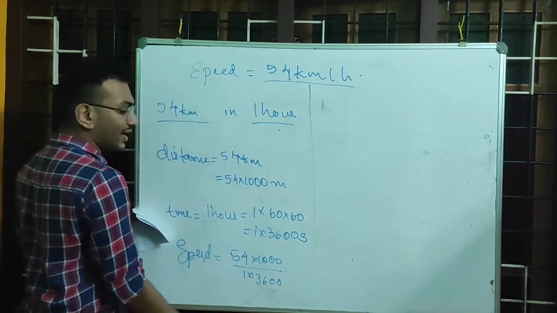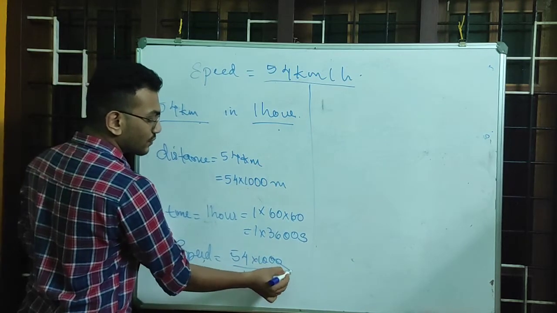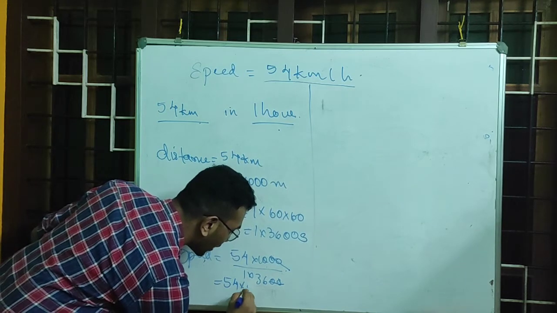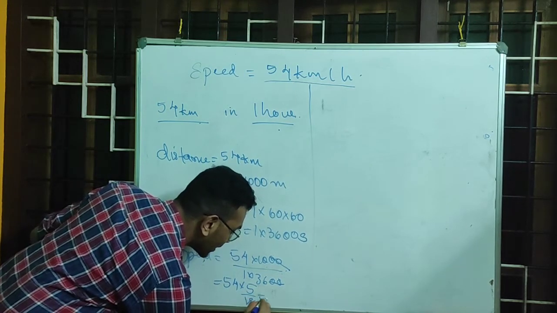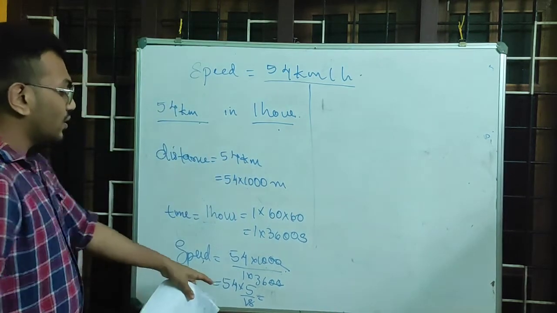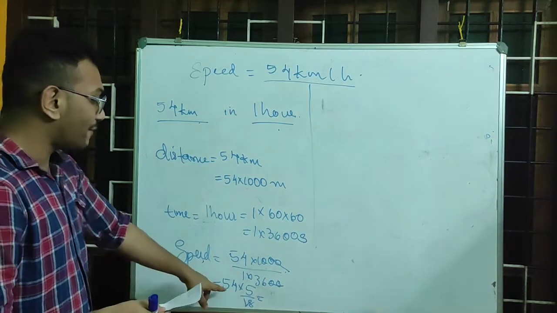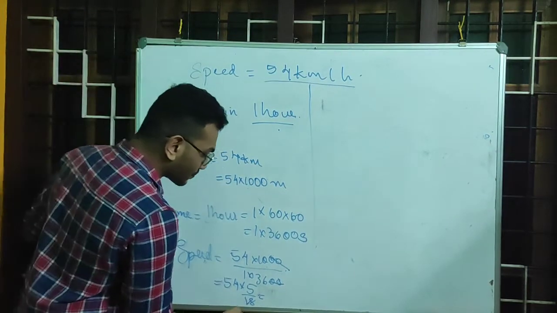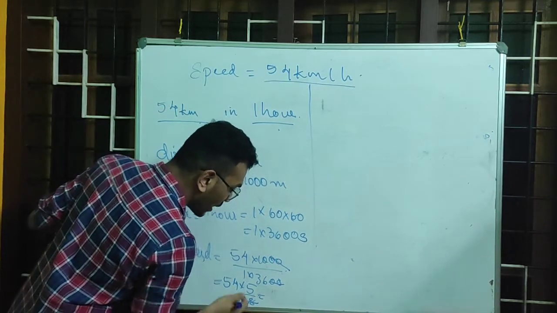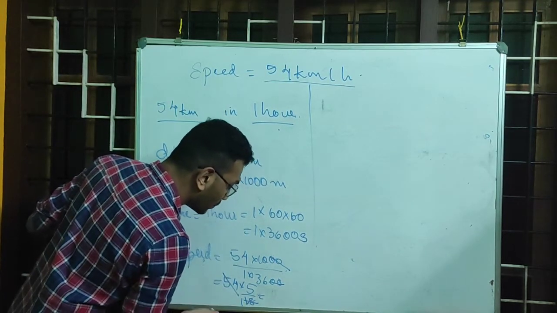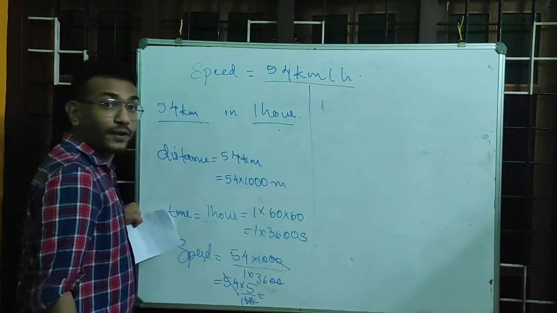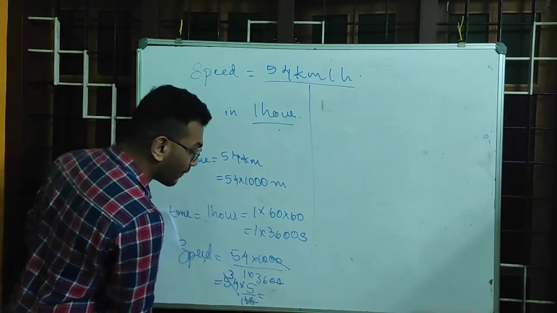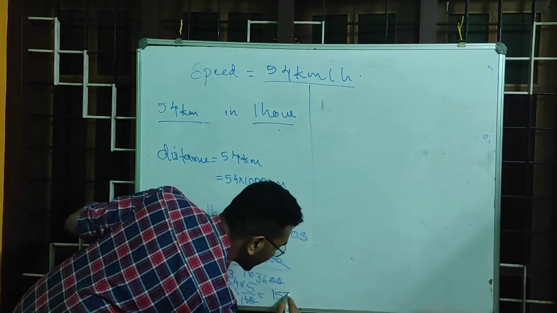Just directly we can write it is 54 into 5 by 18. We have to just multiply 54 into 5 divided by 18. 18 into how much will give 54? 18 into 3 would give 54, so 3 into 5, it is 15.